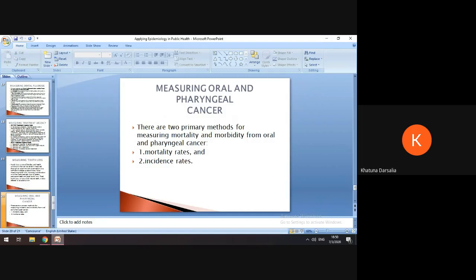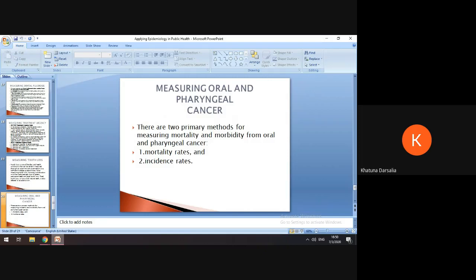SEER is the primary source of all cancer incidence data in the United States. It stands for Surveillance, Epidemiology, and End Results.